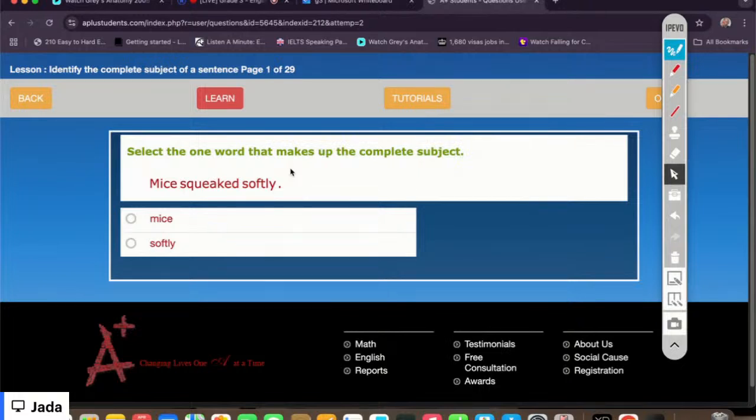What is the complete subject here? All right, so we have mice. Of course, it's the subject here.